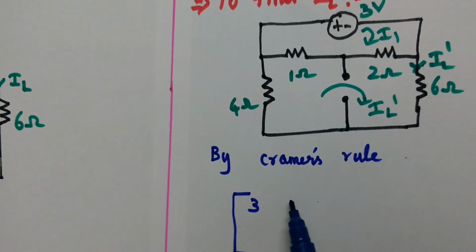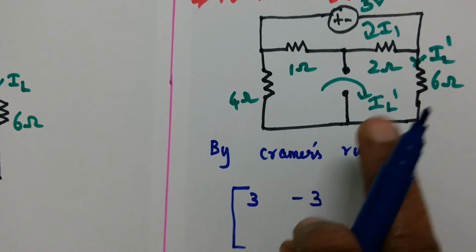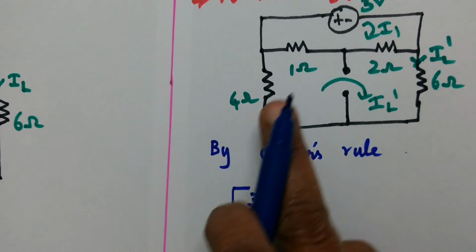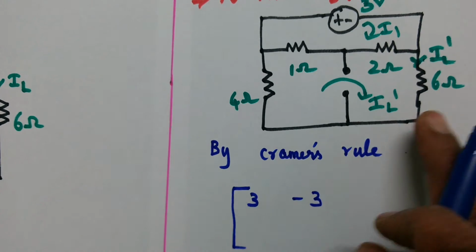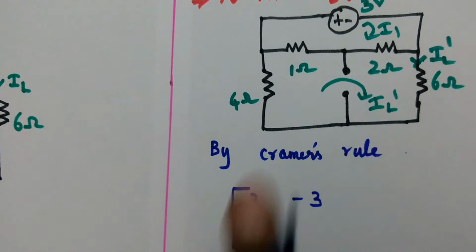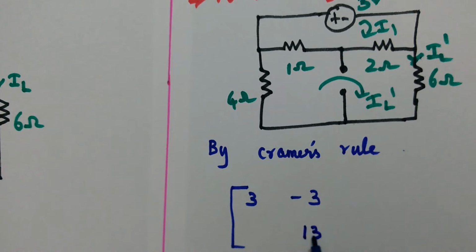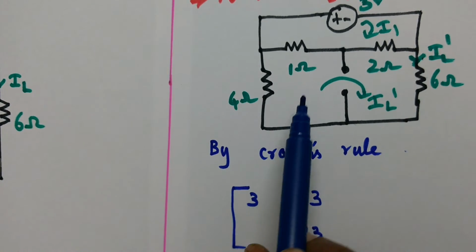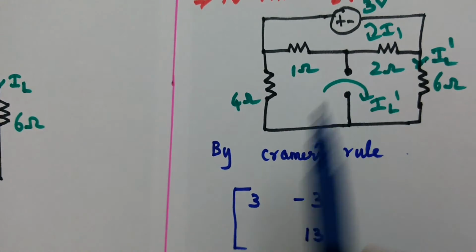And these are common for the second loop also, so minus 3. For the second loop, the IL dash current loop, here 4, 1, 2, 6. So 4 plus 6 is 10, 10 plus 2 is 12, 12 plus 1 is 13.